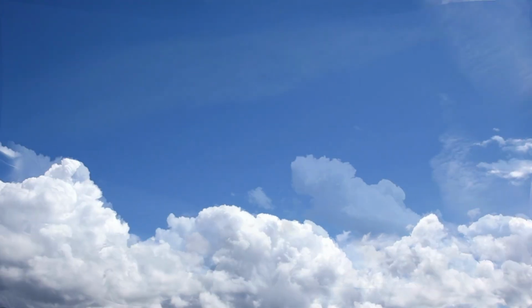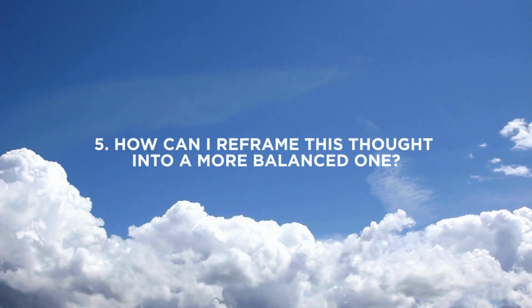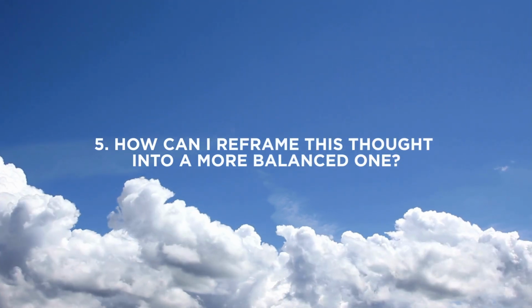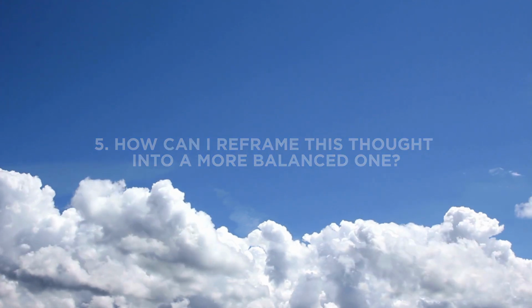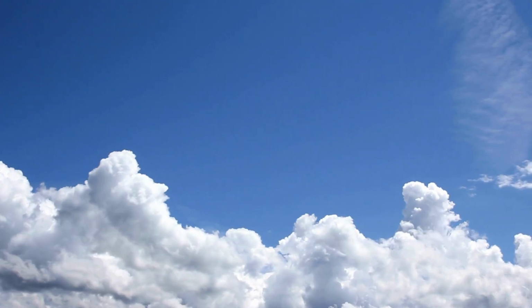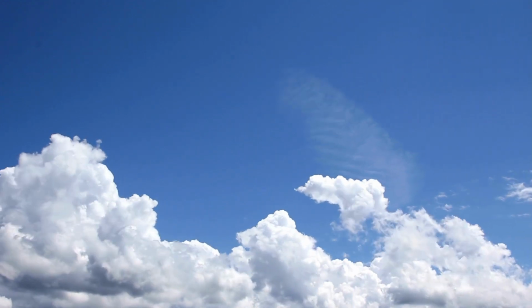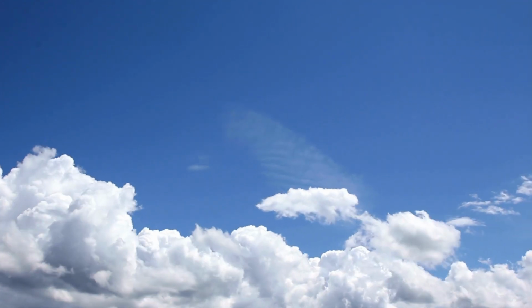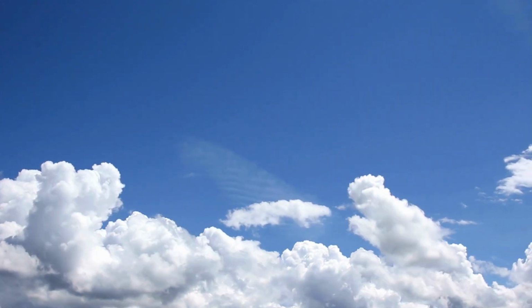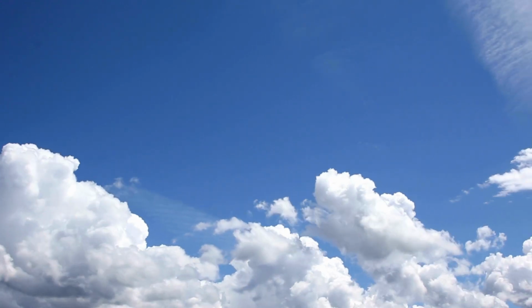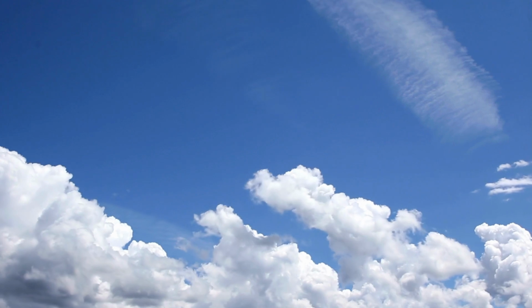Ask the fifth question: how can I reframe, change this thought into a more balanced one? Considering all you've discovered, try to restate your initial negative thought in a more rational, less distressing way, one that acknowledges your concerns, but also lets you see other possibilities and resources.